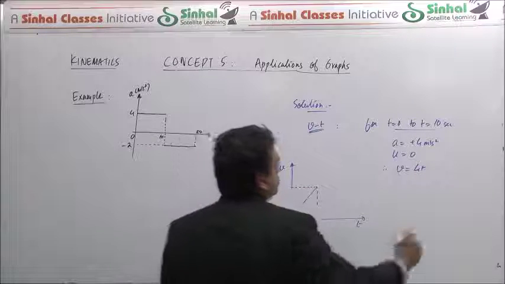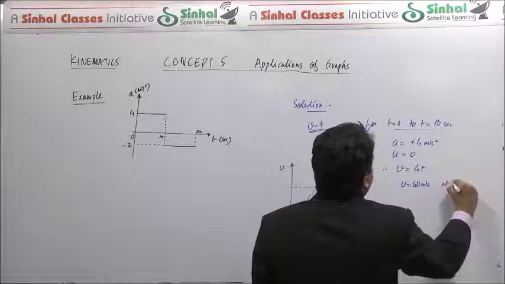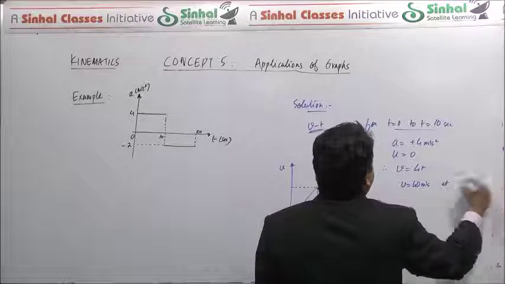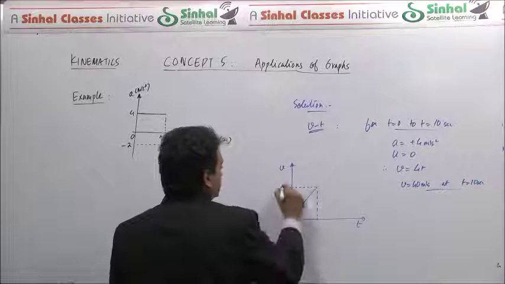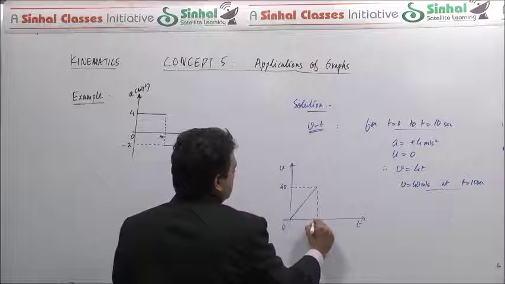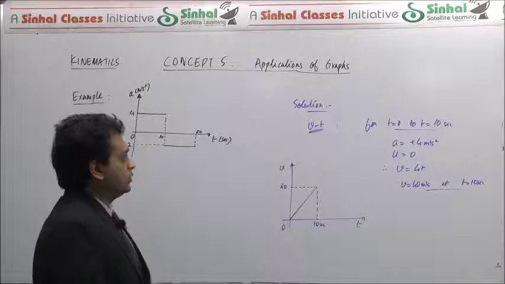So at t equal to 10 seconds, v will be 40 meters per second. That's the first part of the graph.